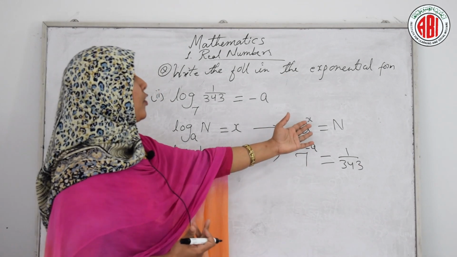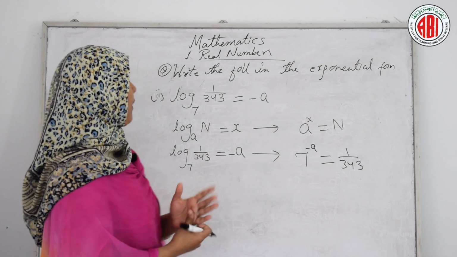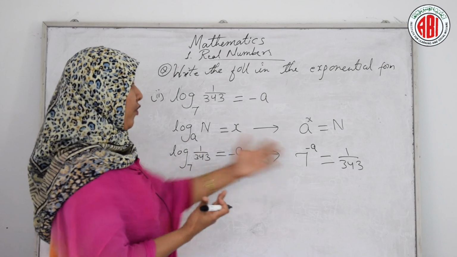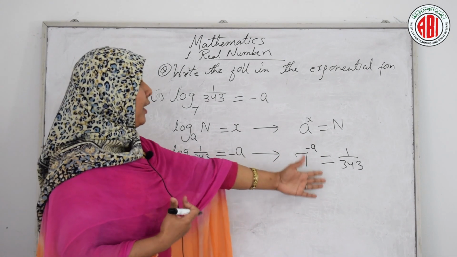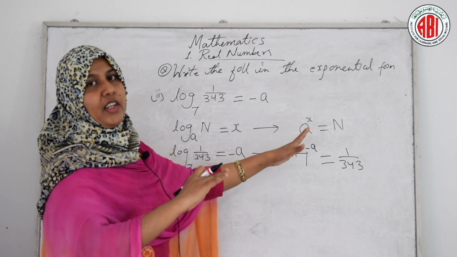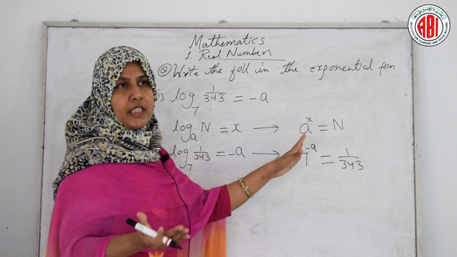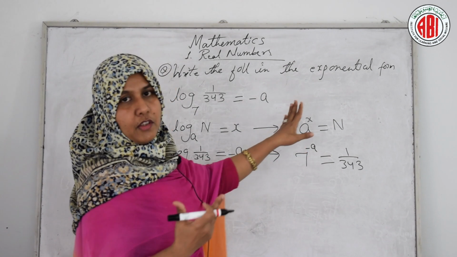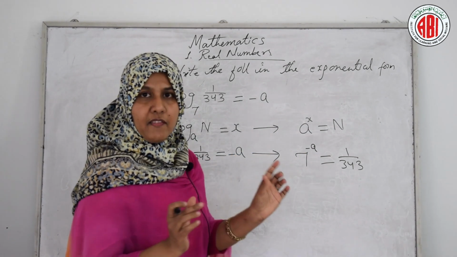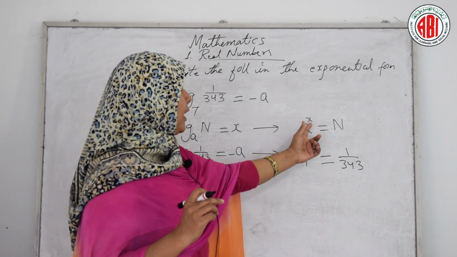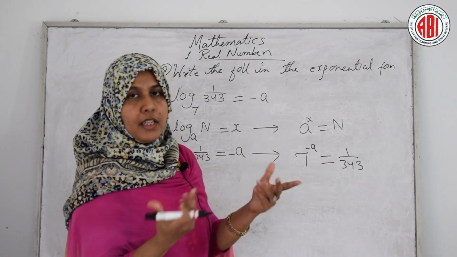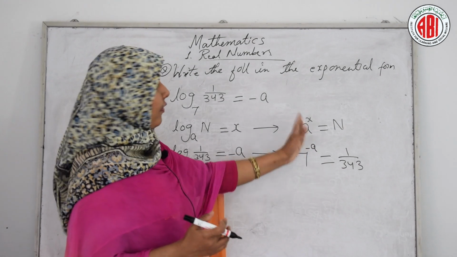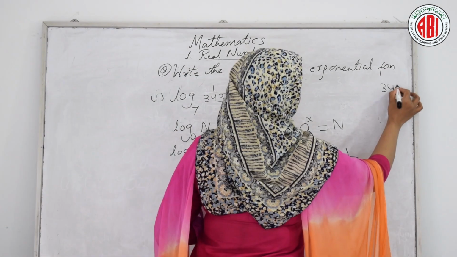Suppose we are not getting it, we can just stop and leave the answer over here, because the answer can be in terminating or non-terminating decimal form. That value is not easy to get, or else we can find between which two numbers this exponent lies. So let us try, can we get the answer of this?